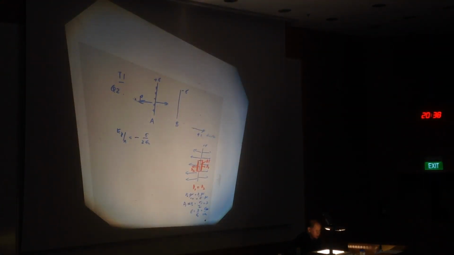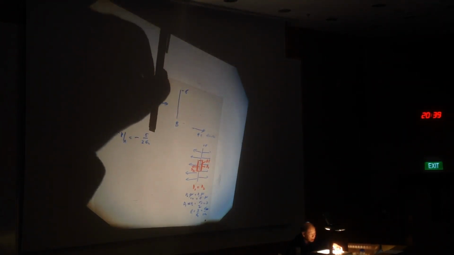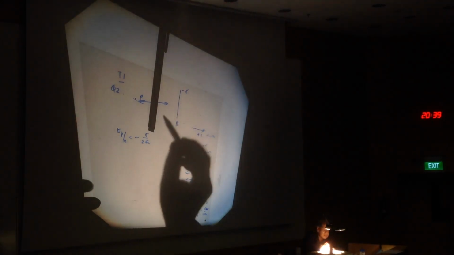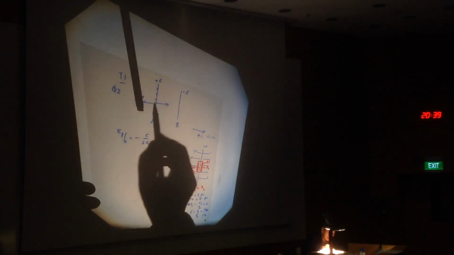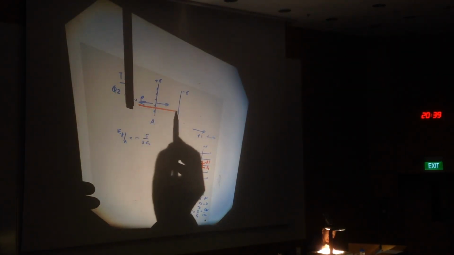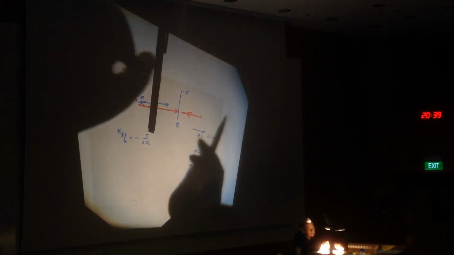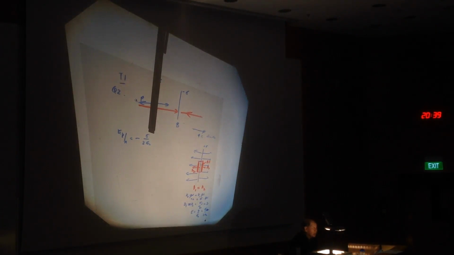So now, by superposition, I'm going to superimpose the contribution coming from the negative charge. Remember, that is one negative charge. Being negative, the field goes inside there.